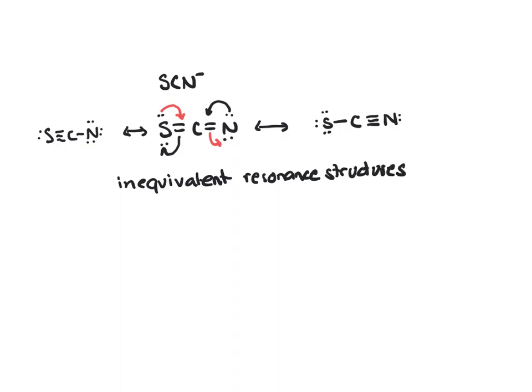Now, we might be able to distinguish which of these structures is the best, right? So which of these is the best Lewis structure? And the way we're going to do that is to use formal charges. So if we think about it, the atom that is the most electronegative is the one that's going to accept that electron more easily, is going to be lower in energy when it accepts that electron.